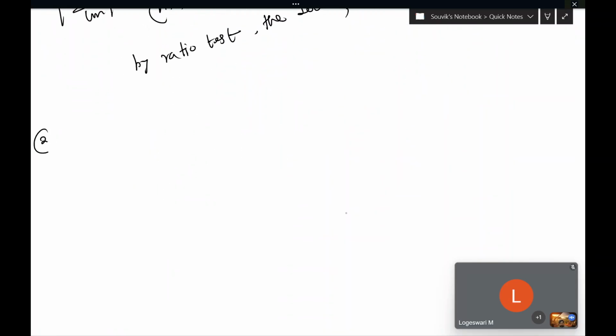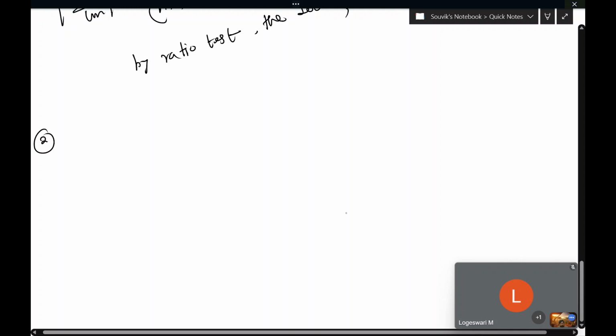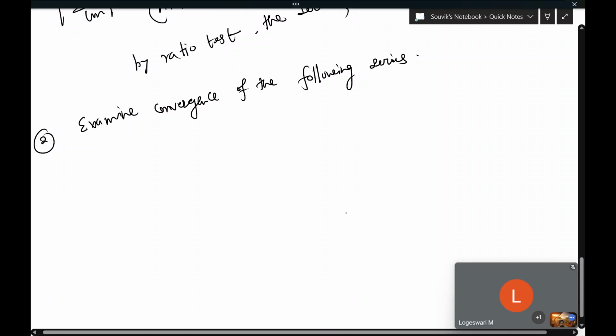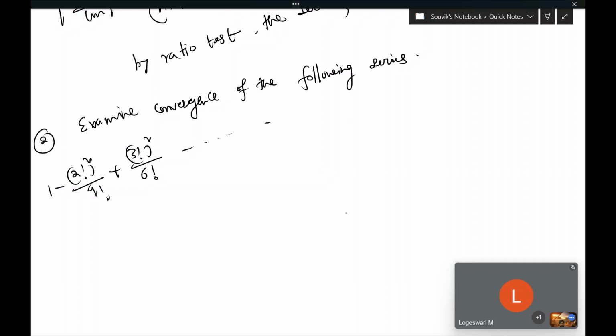So consider the second example. Examine the convergence of the following series: 1 minus (2!)^2/4! plus (3!)^2/6! minus (4!)^2/8! and so on.